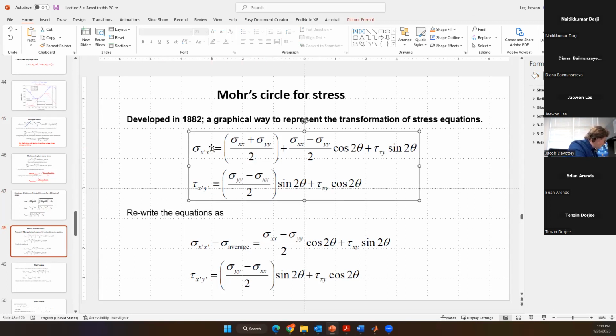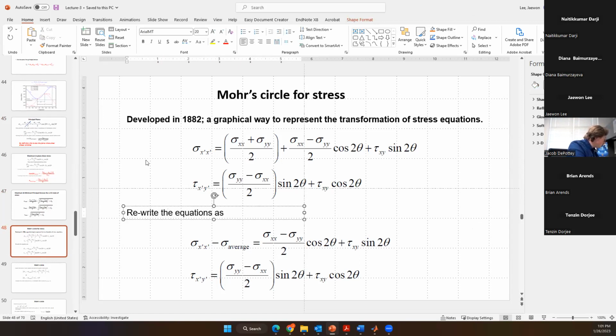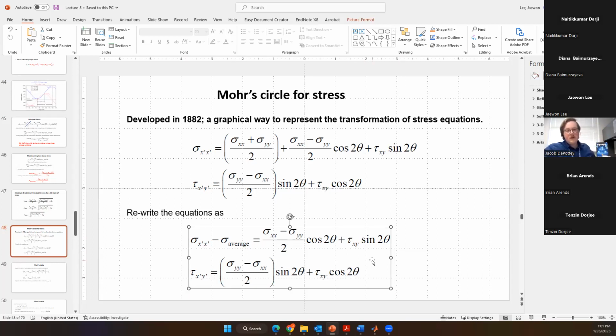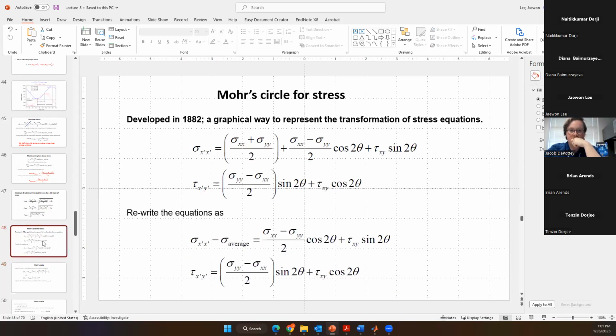So we can get these equations, right? And if we change the relation like this, we can draw the Mohr's circle. First, this is the average.